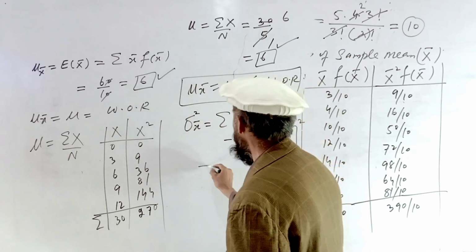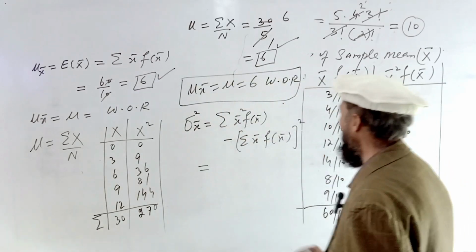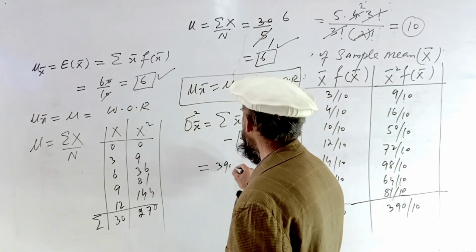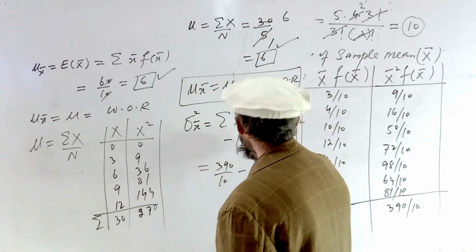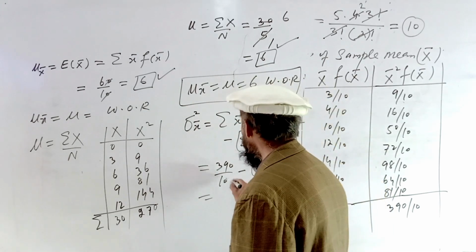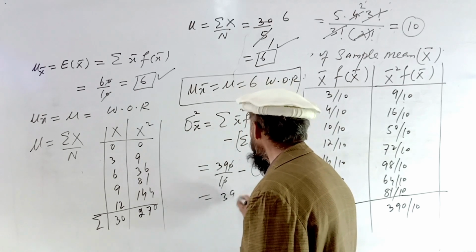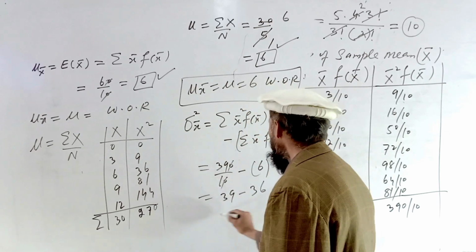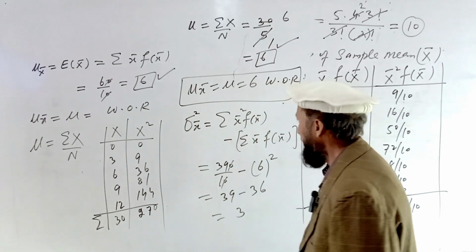We want to check this property. We have already done this: 390 divided by 10 minus the mean already done, square. So we get 39 minus 36, and the answer is 3.